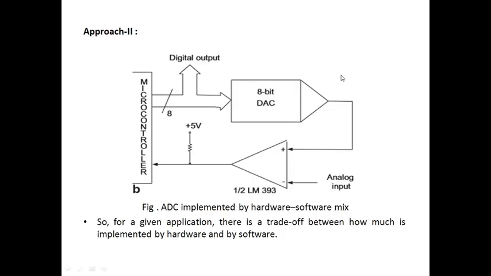In the second approach we are using more software lines. Here the upper hand is software rather than hardware. In the first approach the upper hand is hardware rather than software. Remember that thing.